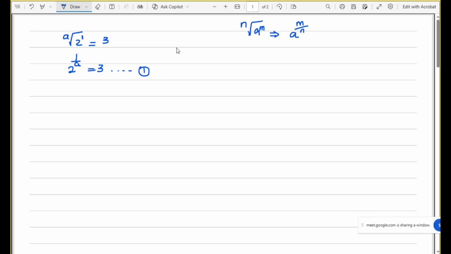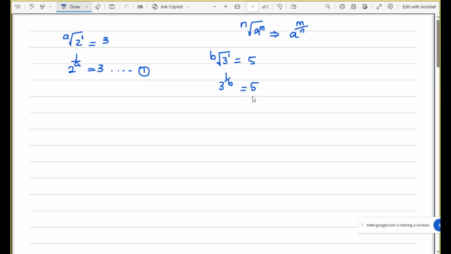On the next one, you are given that the b-th root of 3 is equal to 5. Using the law of exponents, this is 3 to the power 1 over b, which is equal to 5.